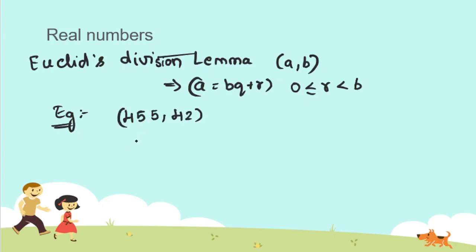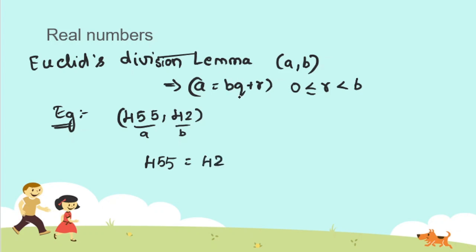Now what I am going to do is, I am going to consider initially this as my A and this as my B. I am going to divide 455 by 42. While I am dividing, I should write in this format. So 455 is equal to 42 into q, where q is nothing but the quotient that you are getting.